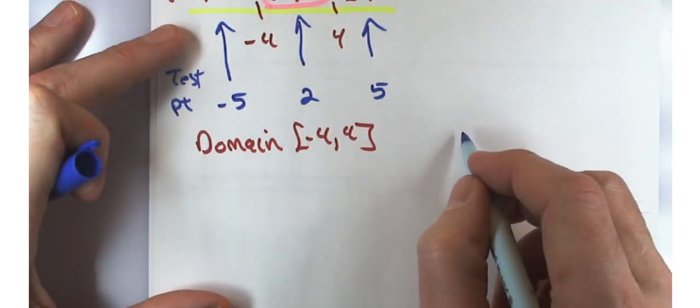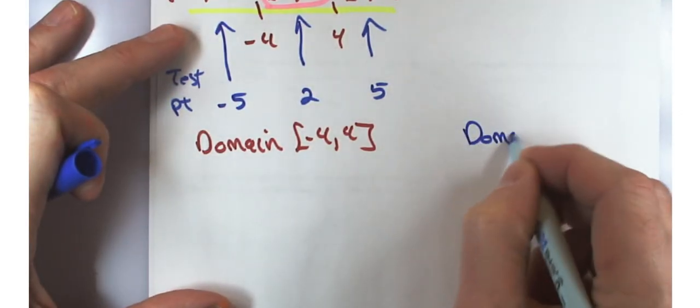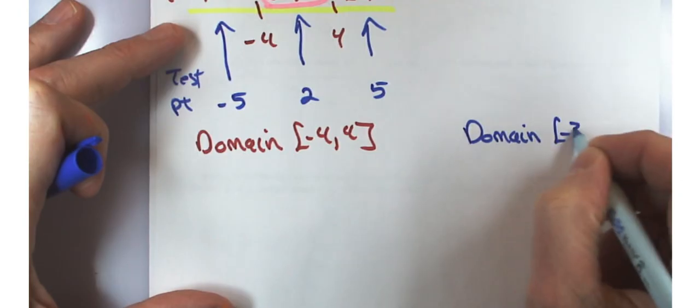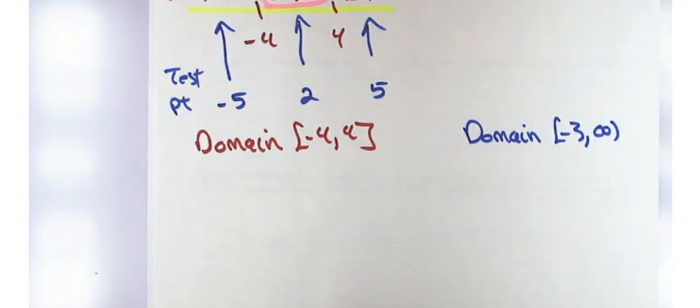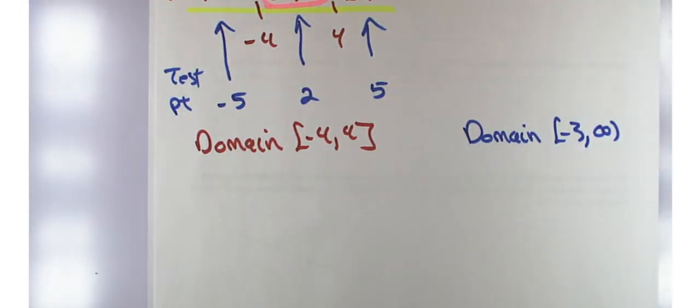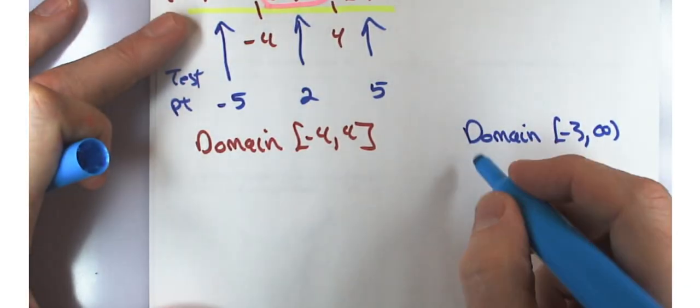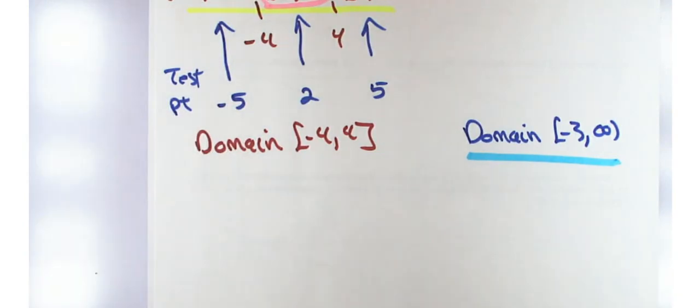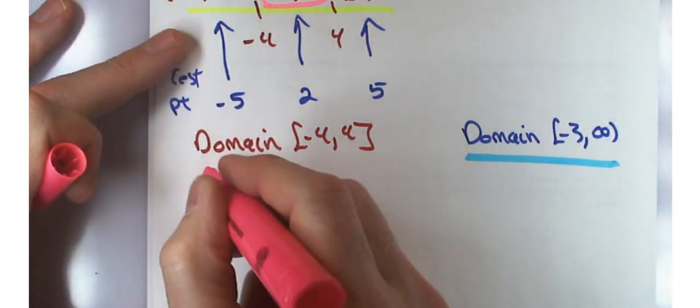So to do that, let me take a look at our domains. This one is domain from -3 to infinity. Let me give these some colors here to try and help things out. So this one, I guess, a nice blue here for you, and salmon here for you.